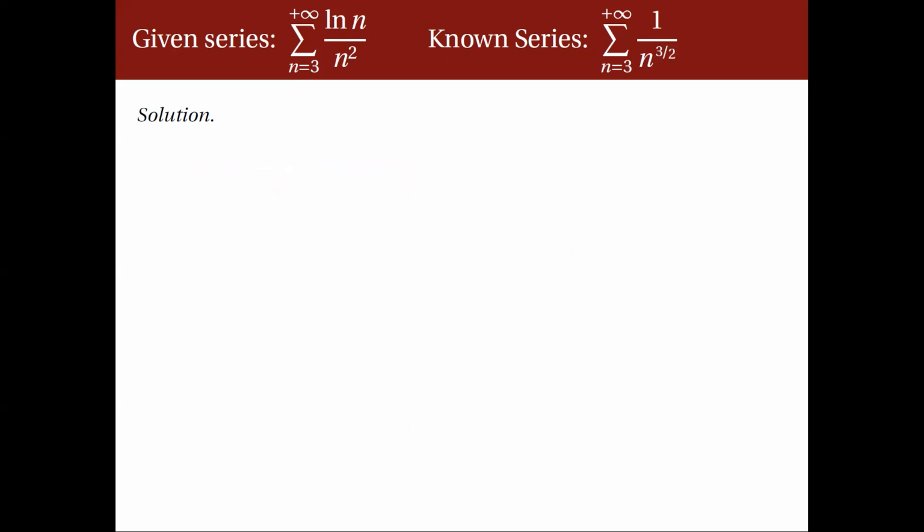Finally, for item number 3, let a sub n to be ln n over n squared. At subukan natin gamitin ang b sub n equal to 1 over n to the 3 over 2.